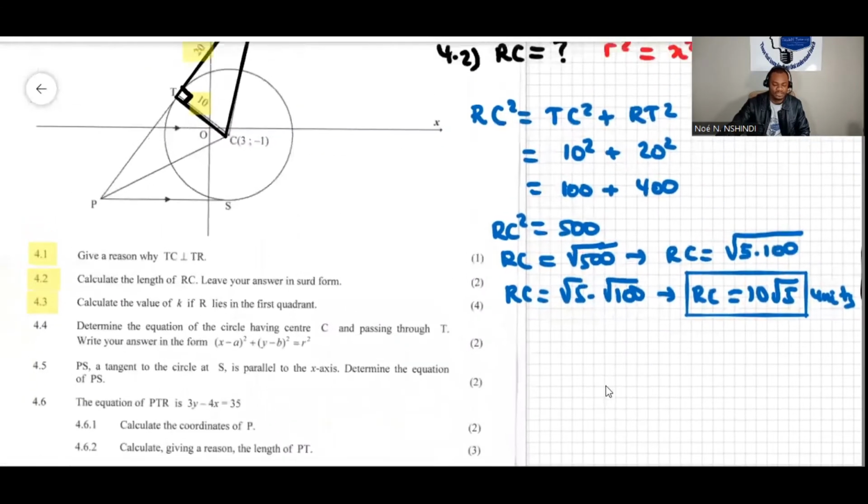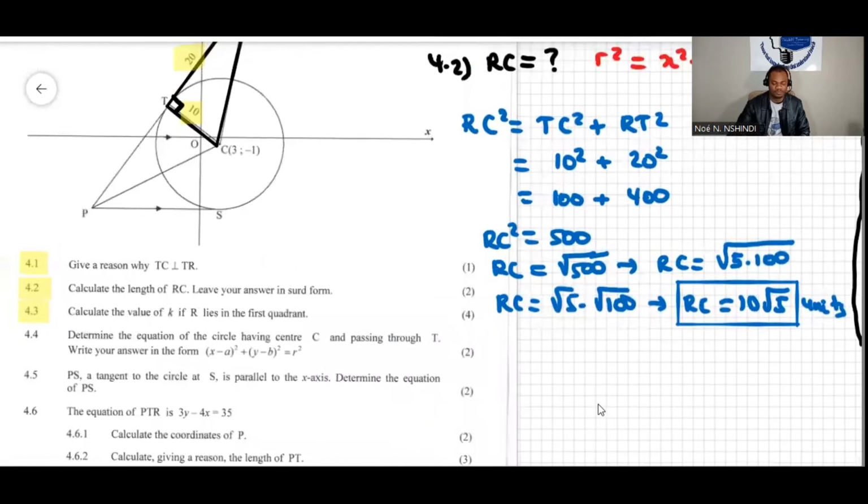The following question says, question 4.4. It says determine the equation of the circle having center C and passing through T. Write your answer in the form x minus a squared plus y minus b squared equal to r squared. Well, let's first move our board over here.